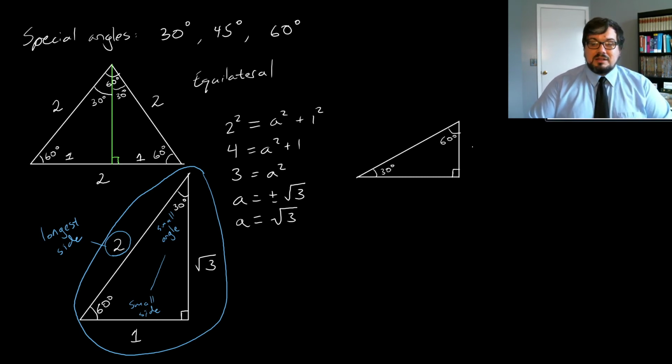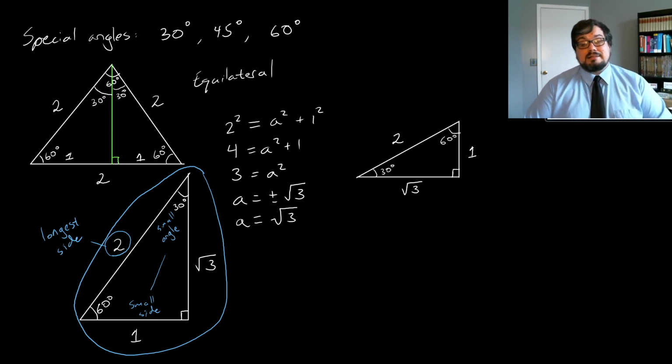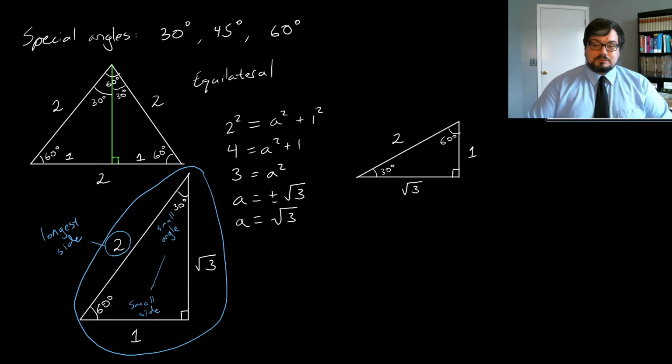I know that the smallest side, 1, has to sit opposite the 30-degree angle. I know my hypotenuse is 2, because that's the largest of my 3 numbers, and then the remaining side has length square root of 3. So here's our standard reference triangle for 30 degrees and 60 degrees. We call this our 30, 60, 90 triangle.